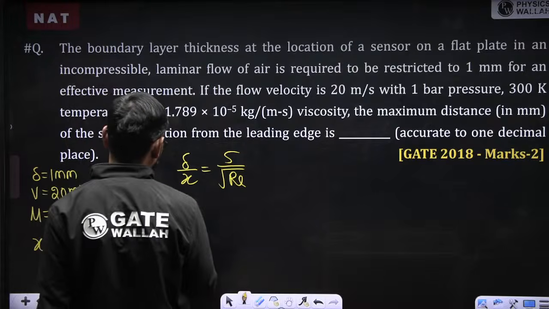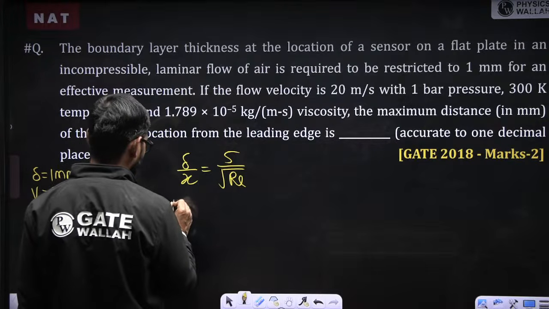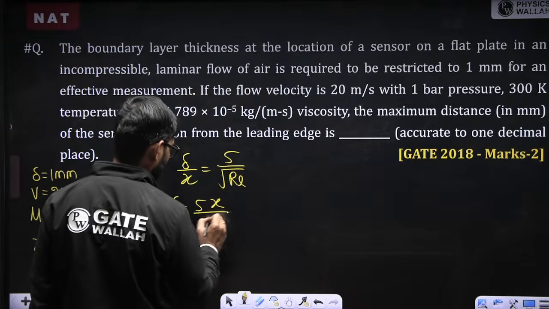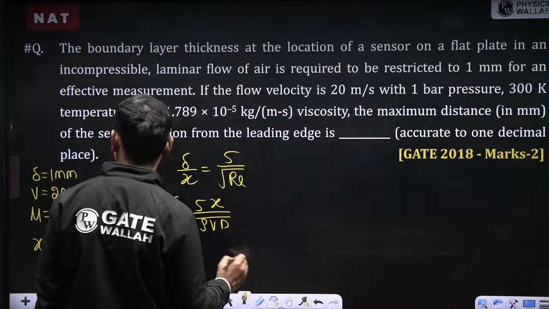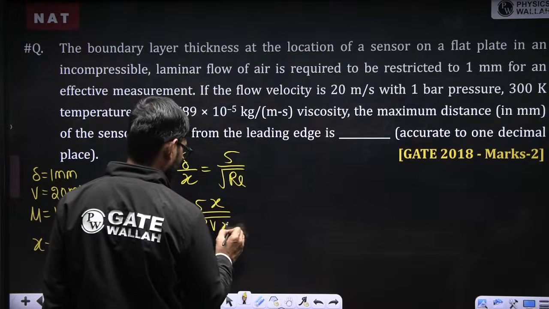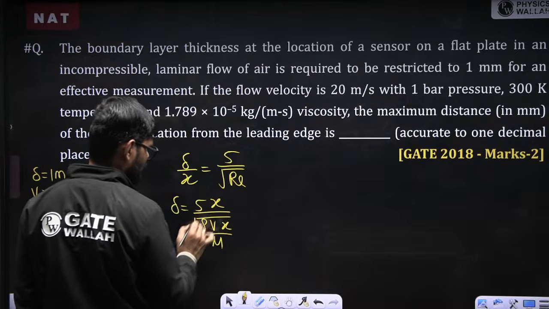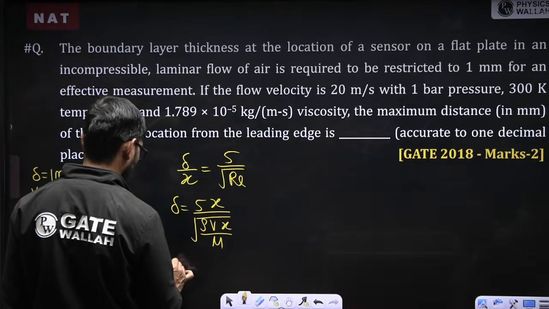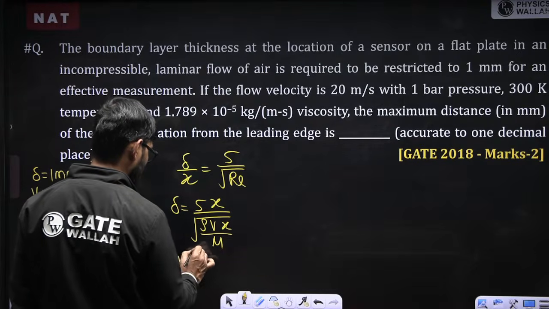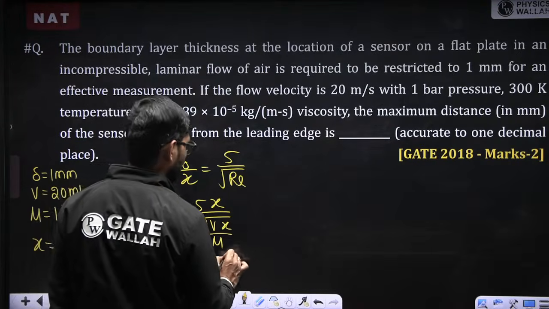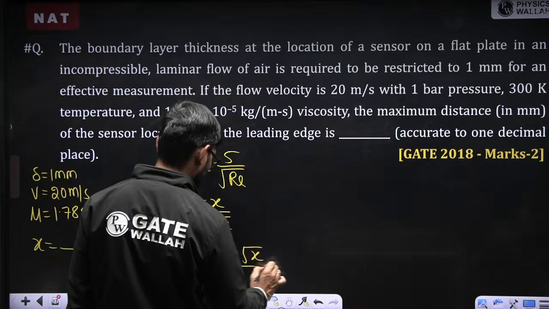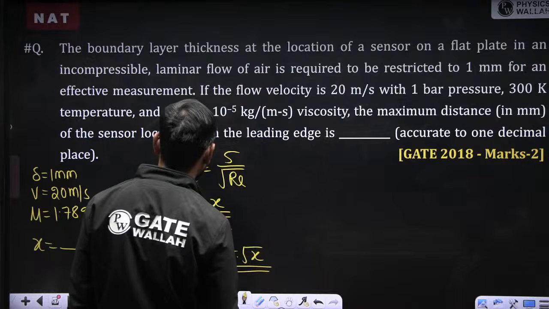So delta value is given basically. So delta is equal to 5x by under root rho V x by mu. So here under root x will be remaining. So delta value is 1 mm. 1 into 10 to the power minus 3 is equal to 5 into under root x divided by under root rho V by mu.